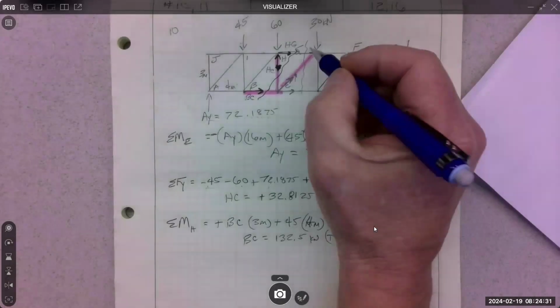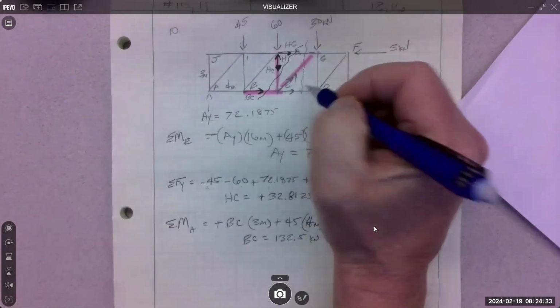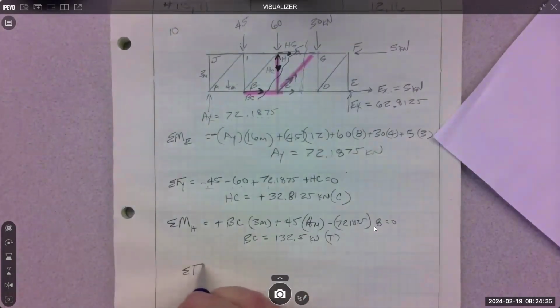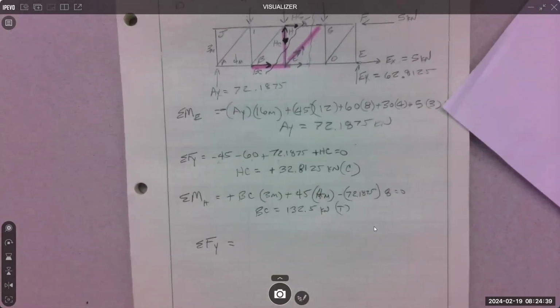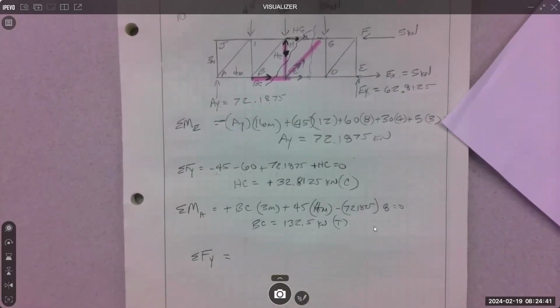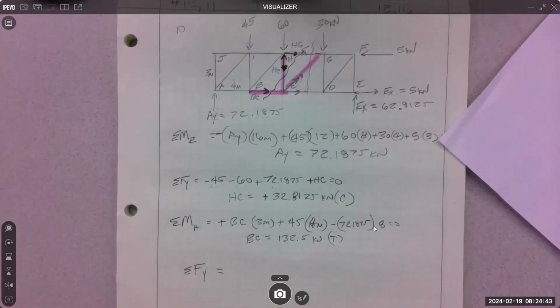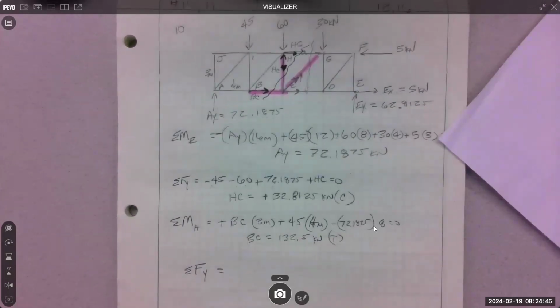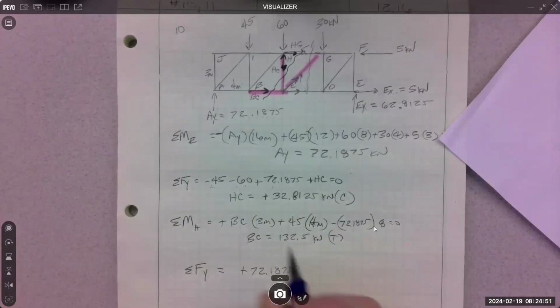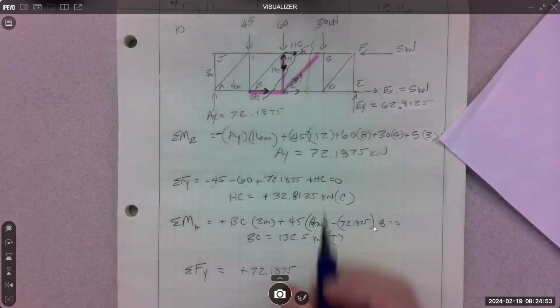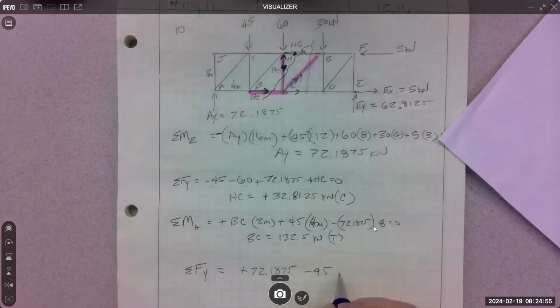All right, so the second cut is here. I'm gonna do some forces in the Y for that second cut. Barely get it all on here. So I'm just gonna list them out. Plus 72.1875, that's this one. 45 down, 60 down.